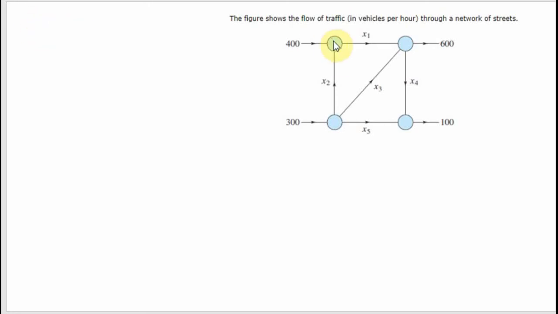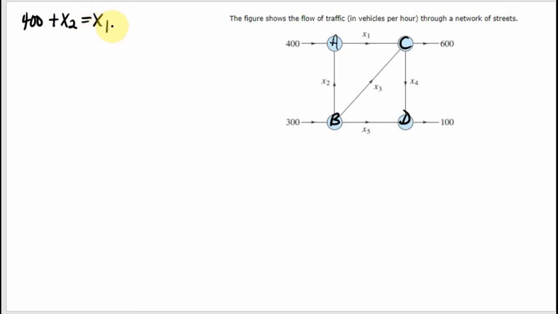So we look at A, B, C, and D. For A, what's going in is 400, plus x sub 2, is equal to x sub 1.